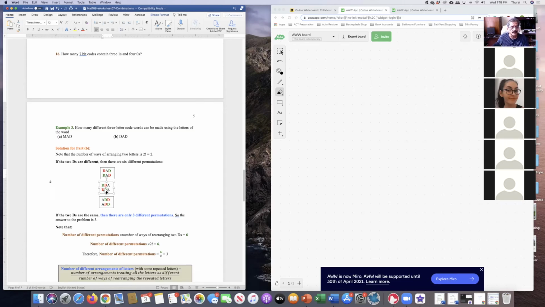And here also in the second one, if you swap the 2 D's, you're getting the other word. In other words, when the D's are swapped, the word is not different. That's why the number of different words is now 3 instead of 6, because swapping the 2 D's will not give you different words.